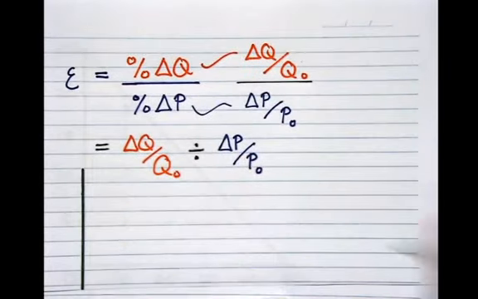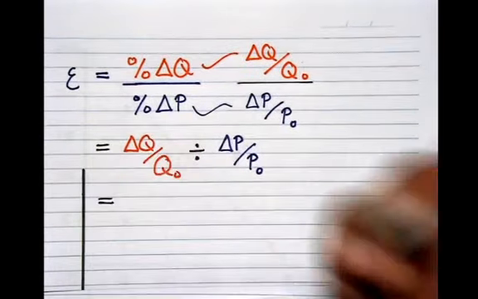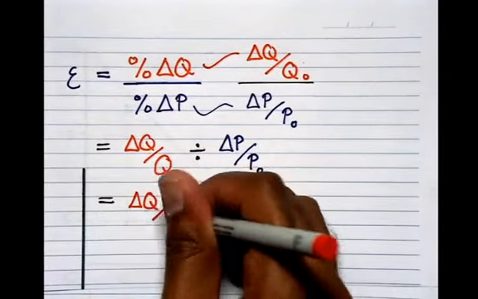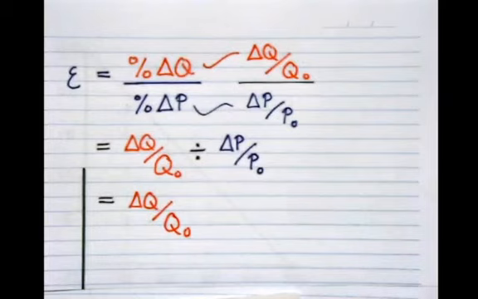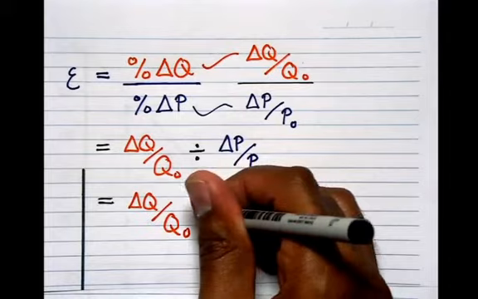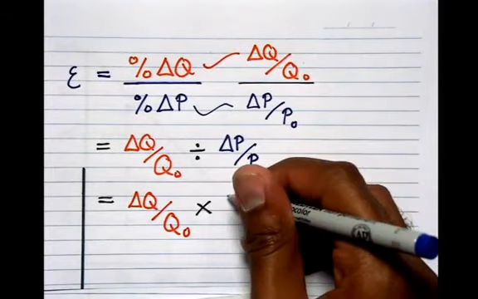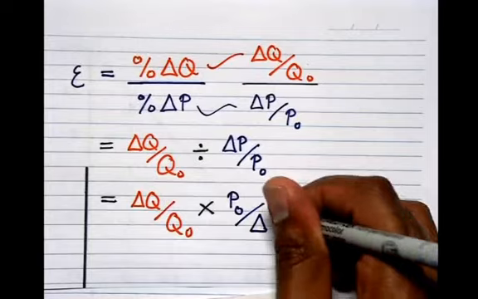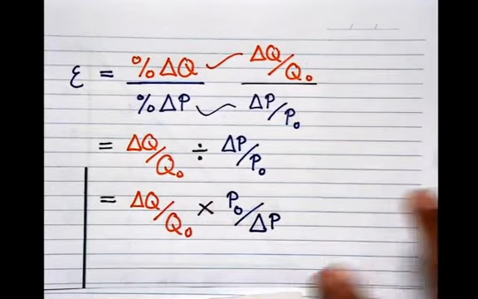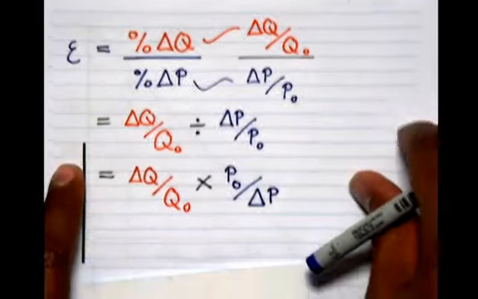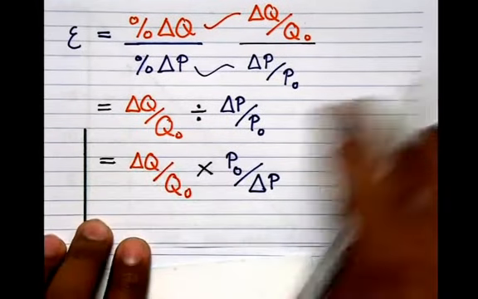Now, from school, dividing by a fraction is the same as multiplying by the inverse or the reciprocal. Again, I'm just showing you this for fun. You don't need to prove this. Yeah?